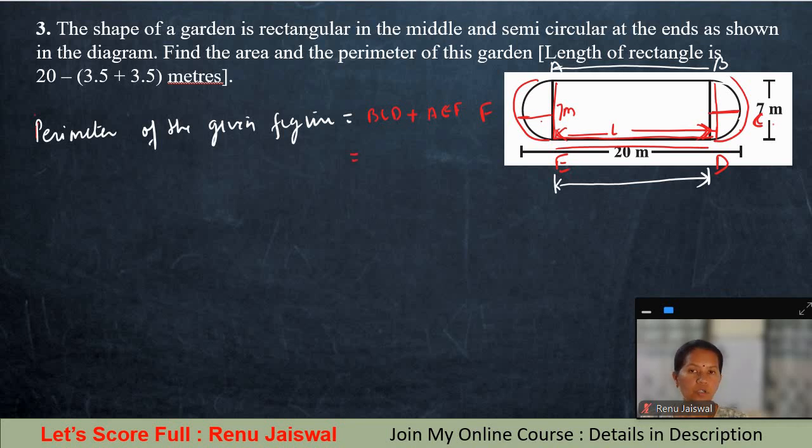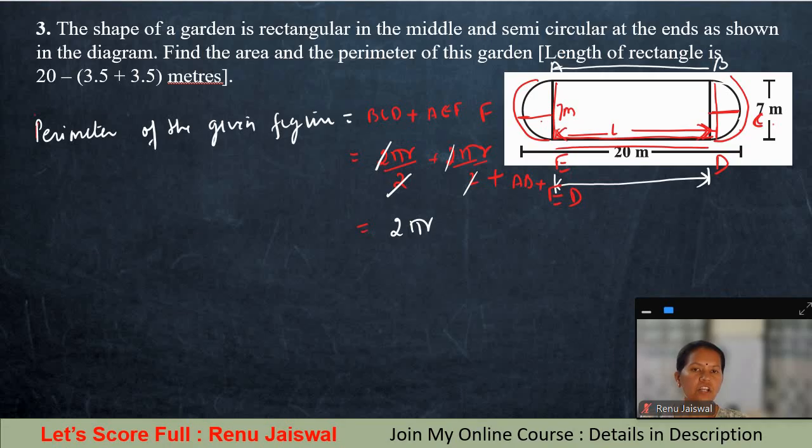Semicircle's boundary is 2 pi r divided by 2, and again this is also 2 pi r divided by 2, plus I need to write AB plus ED. This way you'll get the complete perimeter, right? See again, the semicircular A, B and D, then A, F and C, then A, B and D, E. Here I can cancel the 2 and 2, pi r and pi r, it is 2 pi r.